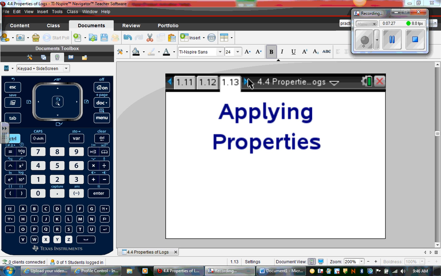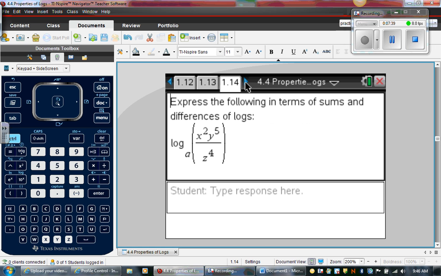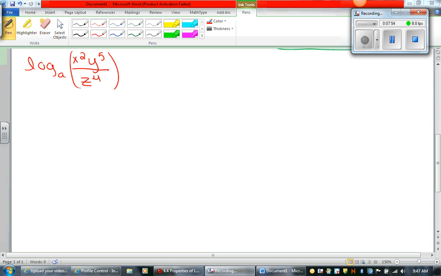Okay, so now we're going to spend some time applying these properties and putting all of these things together to work with our rules in conjunction with others. So our first example, we're going to write this out in terms of sums and differences, as well as products. So I've got log base a of x squared, y to the 5th, divided by z to the 4th. Okay, so the first thing I notice is we have our division. It doesn't make a difference if we choose to do the multiplication or the division first.